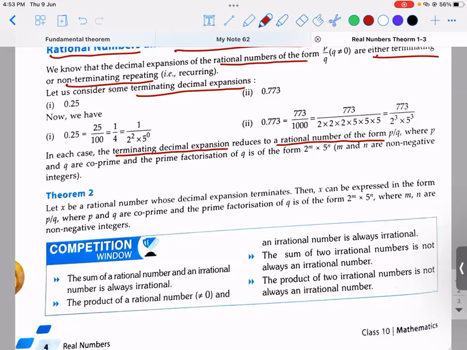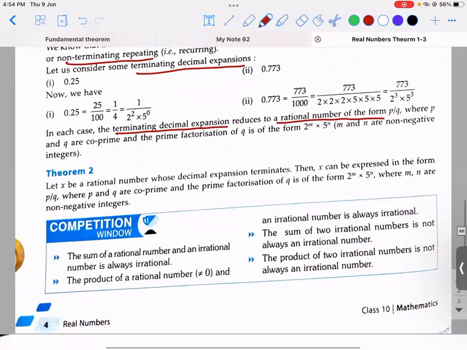But in the previous problem, 0.25, we get the powers of 2 and 5 not the same. Why? Because they had common factors. You're able to understand the logic? Right. So where P and Q are co-prime, the prime factorization of the denominator will decide whether that particular rational number has a terminating or a non-terminating value.